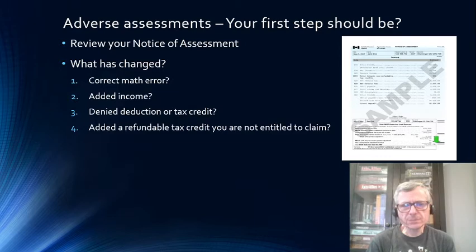What may not be so obvious is if they refute a non-refundable tax credit. And the reason why that may not be obvious is because they probably would show on the notice of assessment the net amount after they multiplied by 15% or whatever the rate might be.